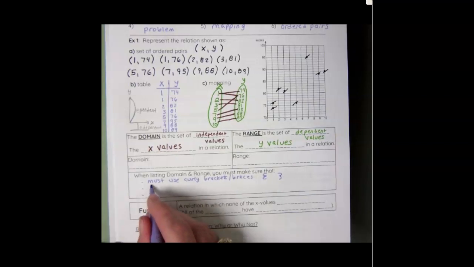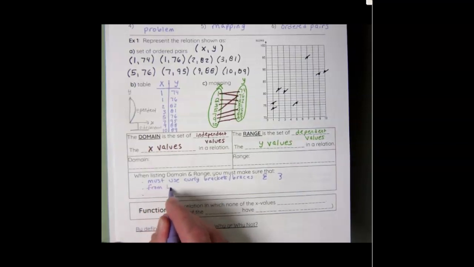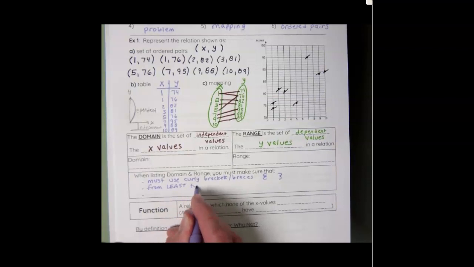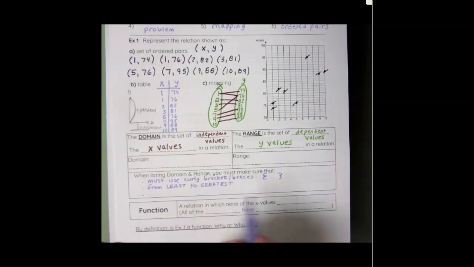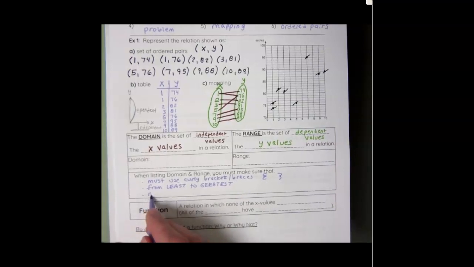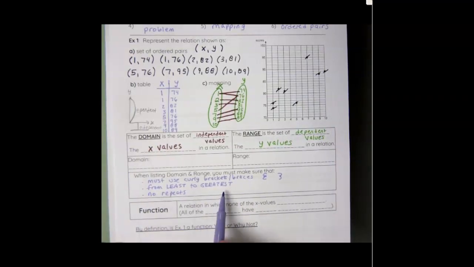Another thing is you must write your numbers from least to greatest. Right? And then finally, no repeats. So all your numbers have to be written from least to greatest, meaning they're getting bigger, and you can't repeat any numbers. Okay? Kind of like how up here we couldn't repeat any numbers.